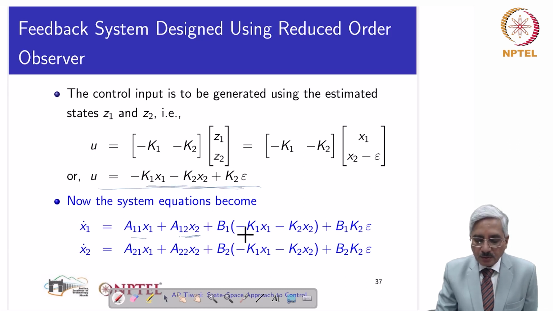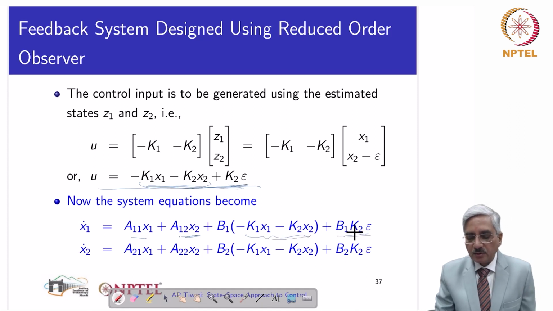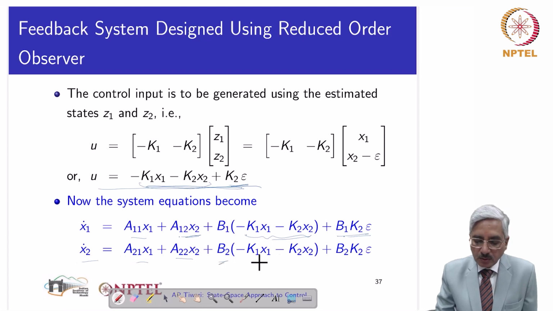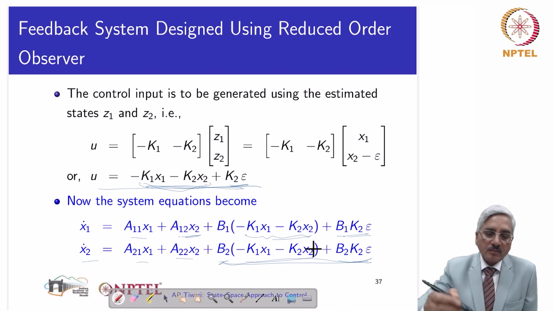So B1 into K1 X1, K2 X2 we keep here, and K2 epsilon we keep here. In the same manner, X2 dot is A21 X1 plus A22 X2 plus B2 U, and that B2 U gives B2 times K1 X1, K2 X2 here, and K2 epsilon here. So this is what the system equation becomes.